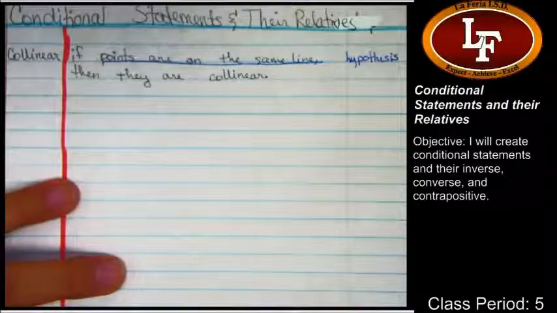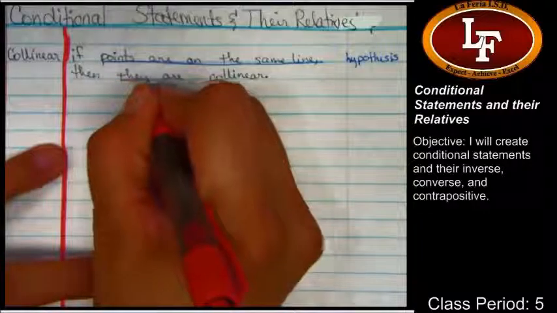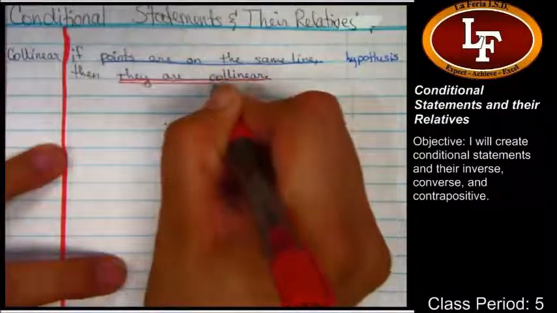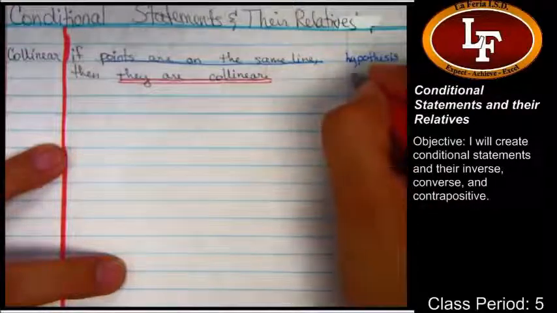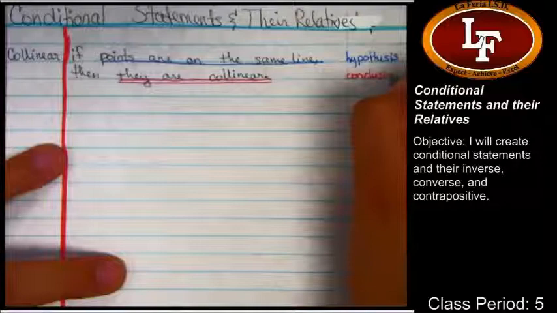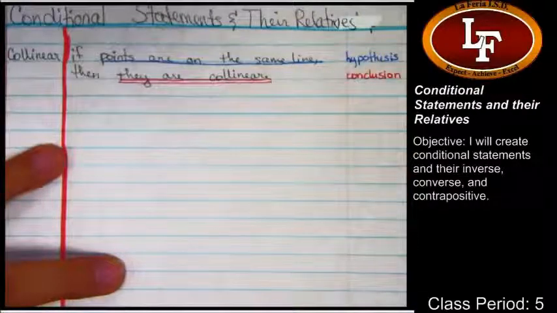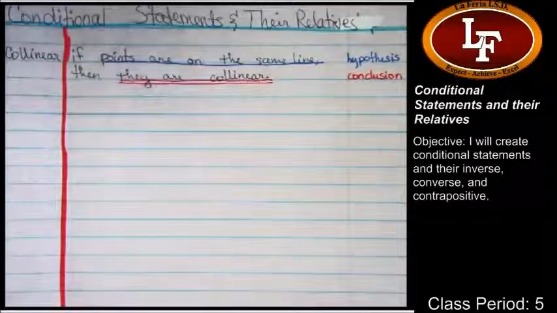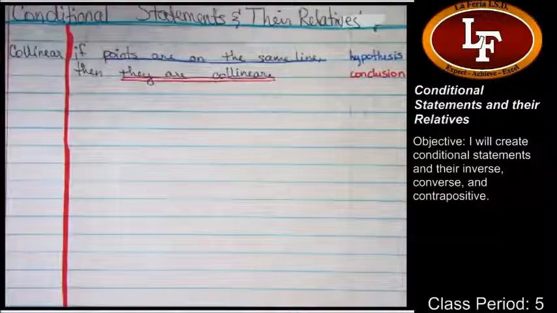Now if you're using different colored writing utensils, take the other color that you have. If you're not, please underline it twice. That is the conclusion. And those things will become important in just a moment.